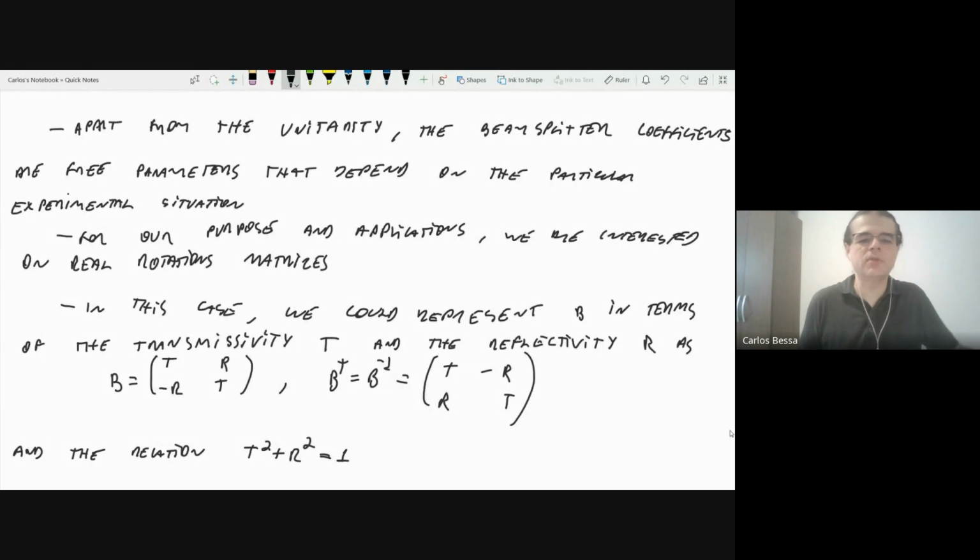We use the same properties we saw. If you use T and R instead of B00, B10 that we did previously, you can find relations like this. Use this matrix. So this is homework.